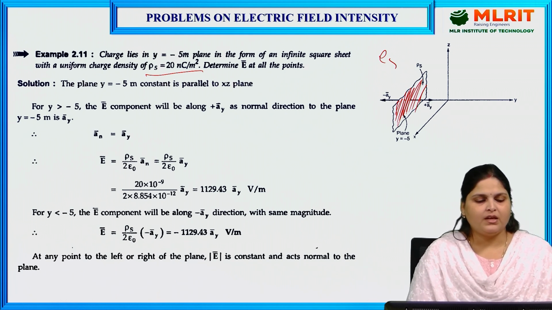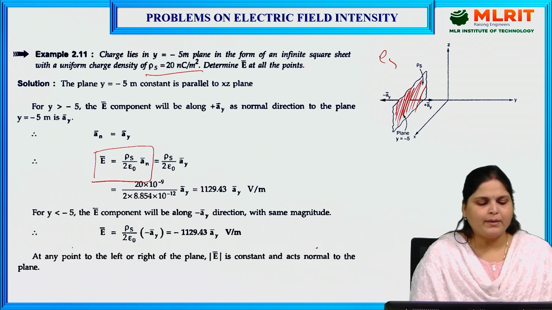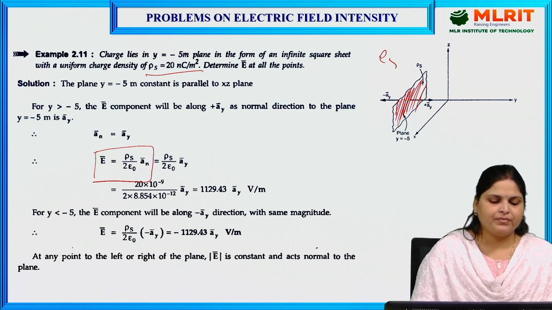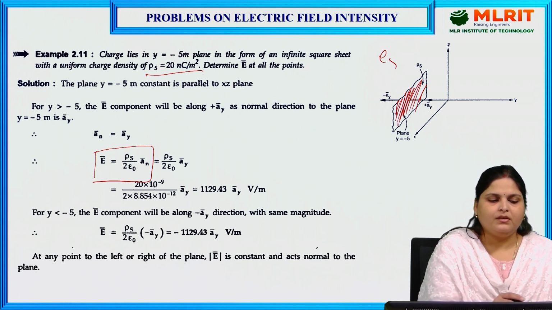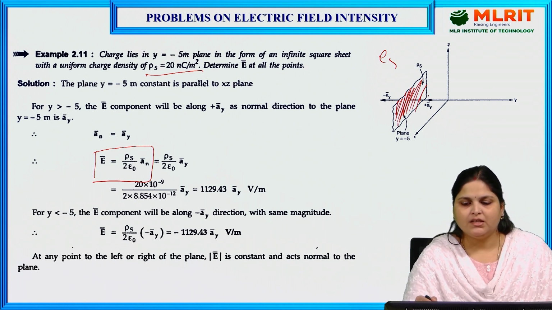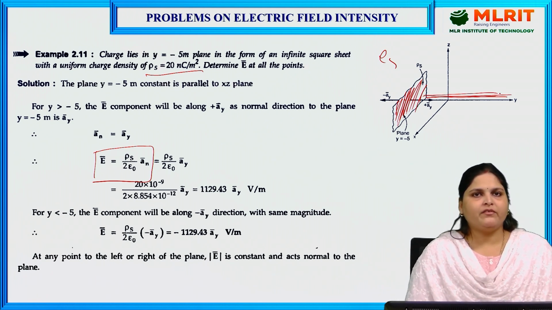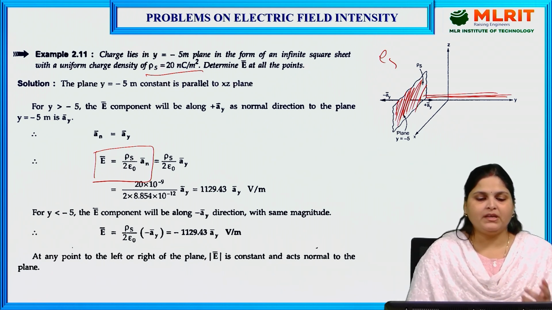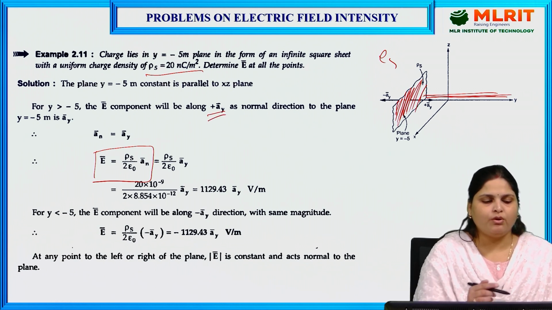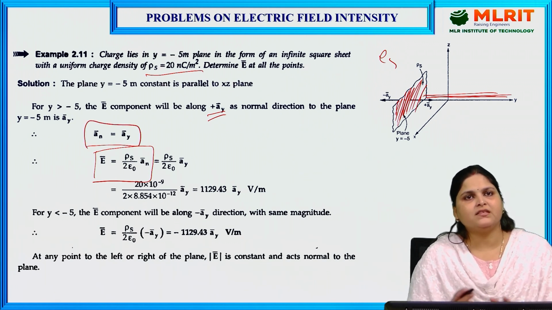Now let's see what is the formula. E equals rho s upon 2 epsilon naught AN, right? So for y greater than minus 5, means this side, the component of E will be along the positive y direction, means its vector will be plus AY. AN, as I said, this unit vector will be AY because we are considering the y-axis.